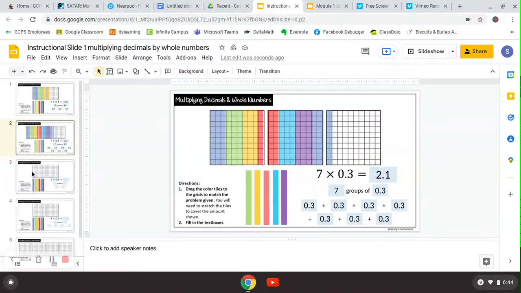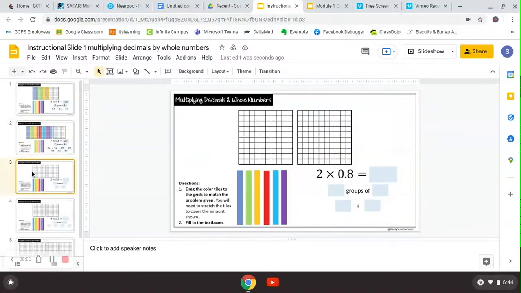Alright, let's do one more together. This one is 2 times 8/10. First I'm going to grab this one, and I want to stretch it across so that it covers 8/10.